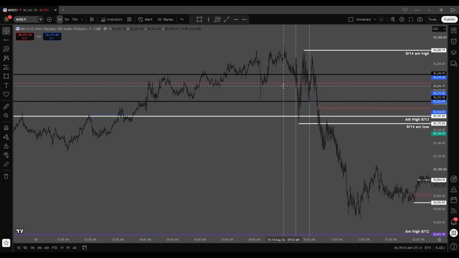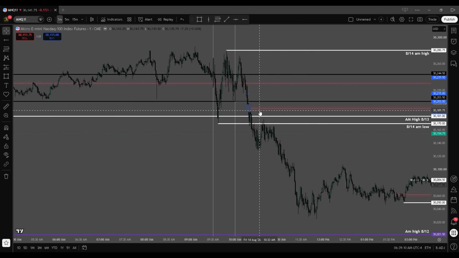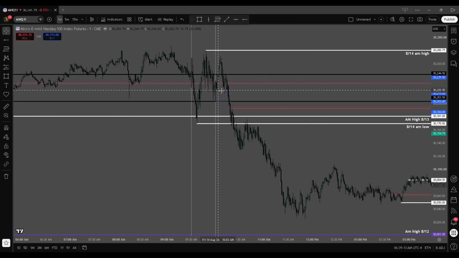Then I thought, okay, it didn't work here, I wonder where it will finally work. And we can see that it didn't work until 10 o'clock, right after the first 30 minutes of trading. Like I said before, I've heard myself say multiple times that my strategy works best during the morning after the opening in New York time. And now that I know that, that's how we're going to be taking our trades.